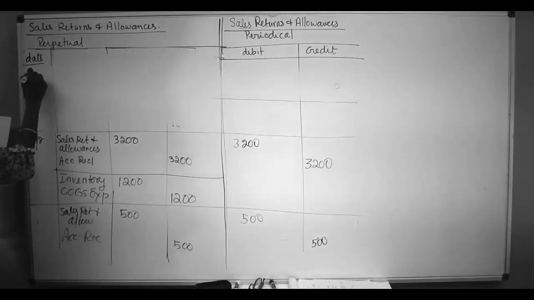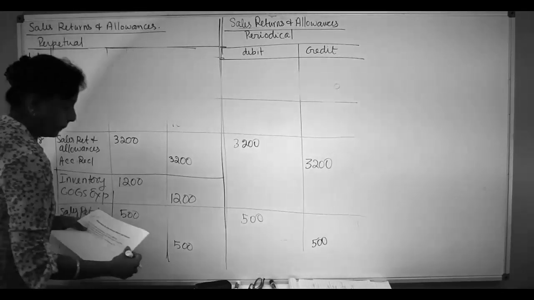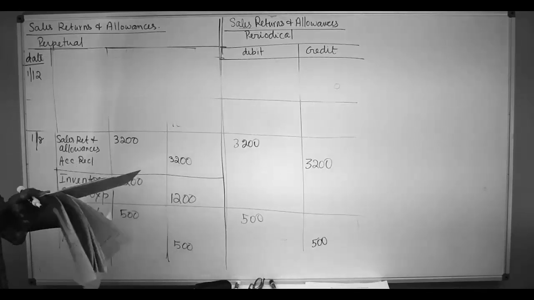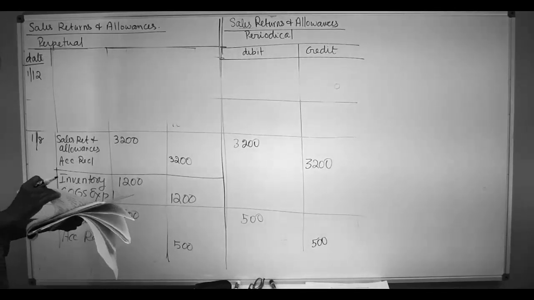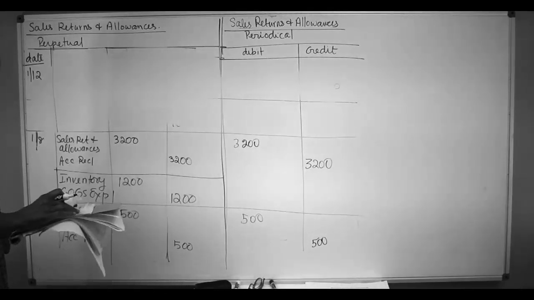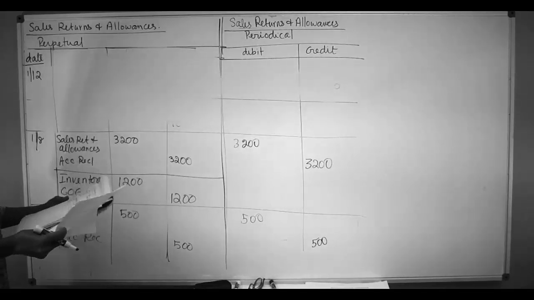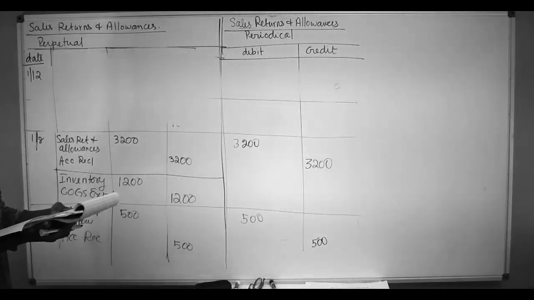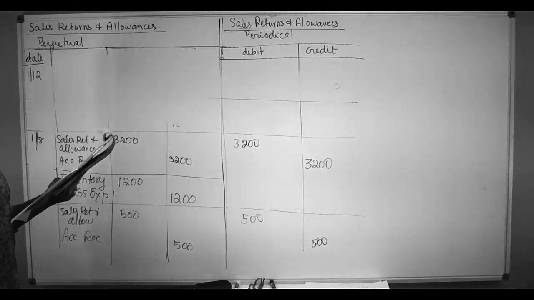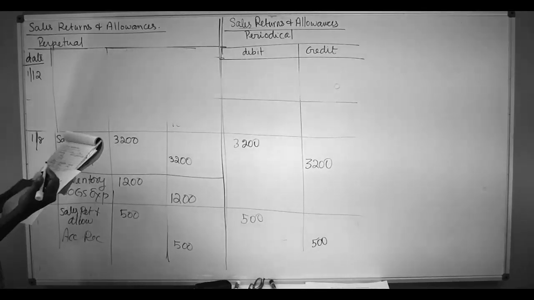So on January 12th, the customer is paying the amount they owed on their purchase. So how much will that be? The original was $24,000. Now the customer returned 4 televisions and they were also given a $500 allowance. So the final accounts receivable balance the customer owes is $20,300.